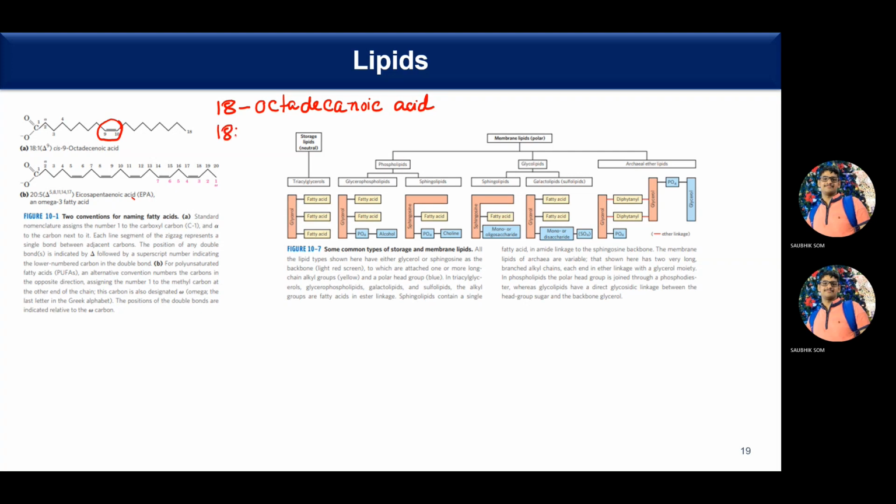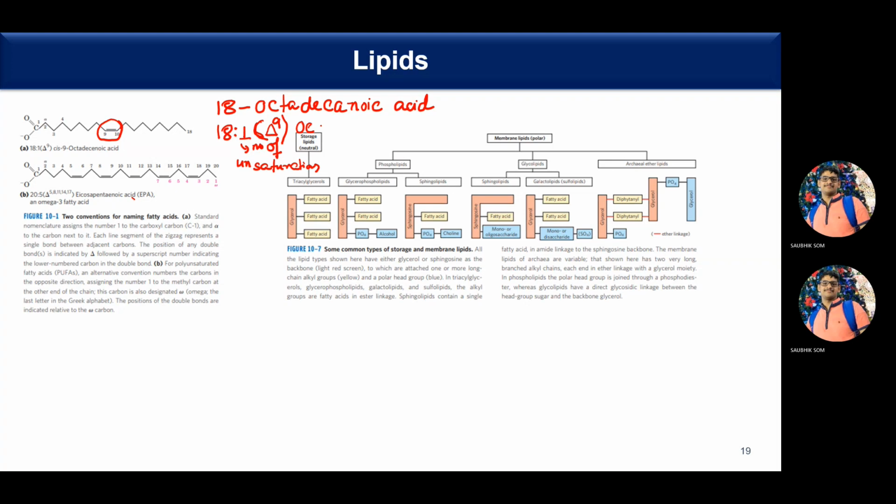So 18, and after the colon I'll write the number of unsaturations, and then I'll write at which position. Now the delta is at the C9 position.